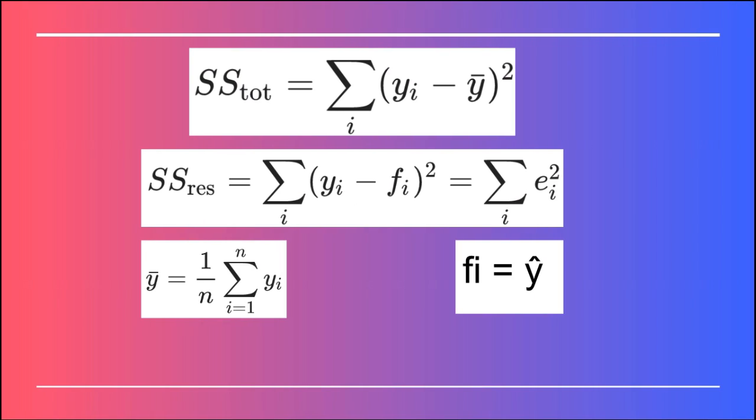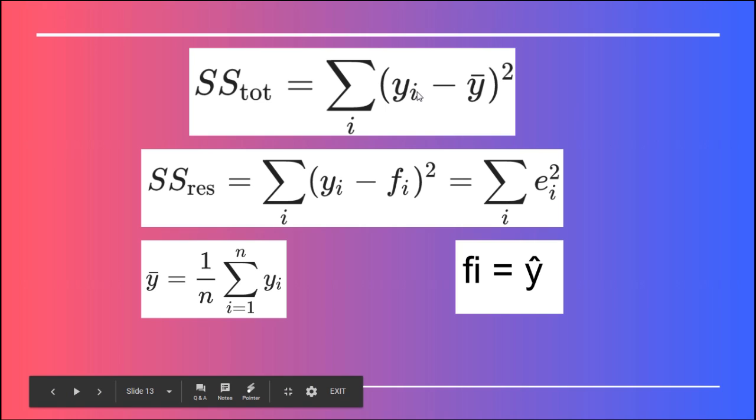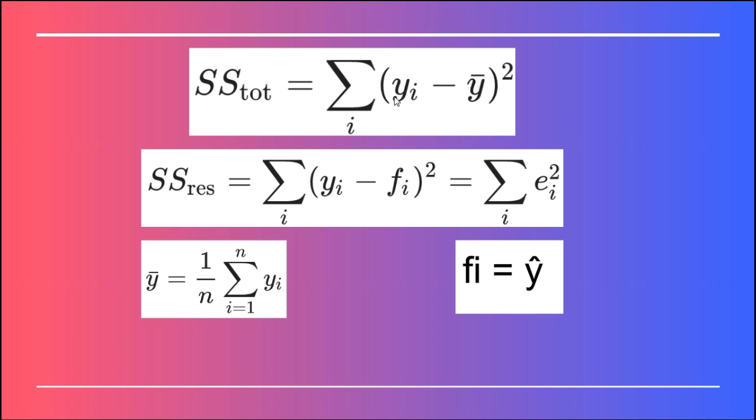These parameters are defined as follows. SS total is equal to sigma of (y_i minus y average) squared. Y average equals sigma y_i divided by n, and we calculate this parameter and we must raise it to the power of 2.